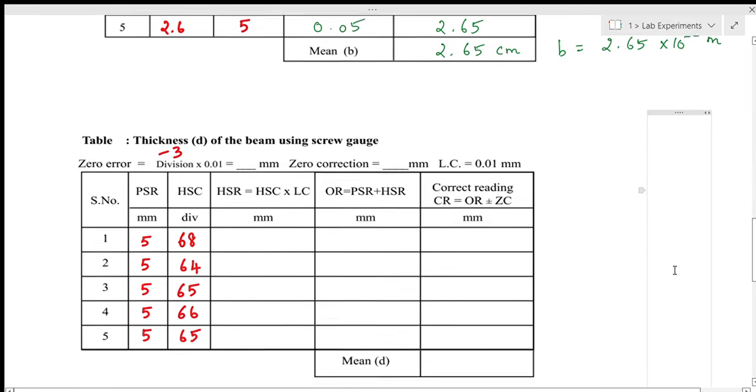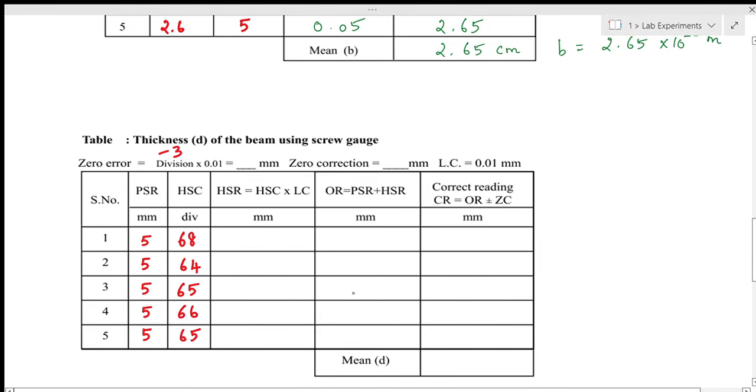The thickness of the beam using screw gauge: the division is -3, and 0.01 mm is the least count of the screw gauge. The error is -3.